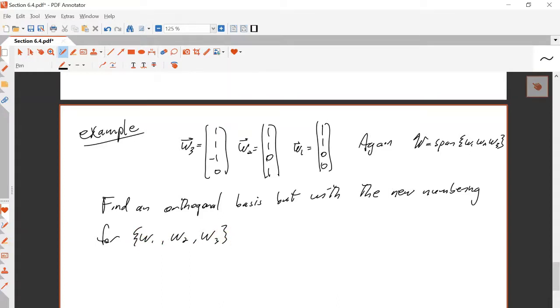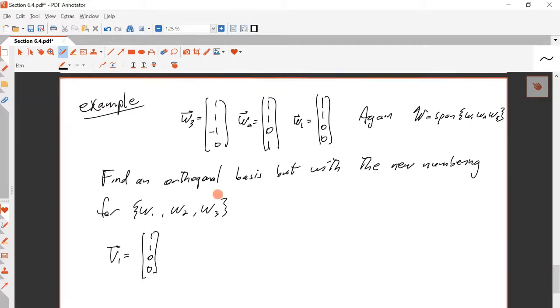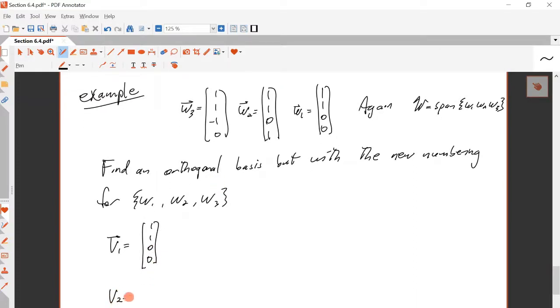V1 is W1: 1, 1, 0, 0. Now V2 is W2 minus W2 dot V1 over V1 dot V1 times V1.